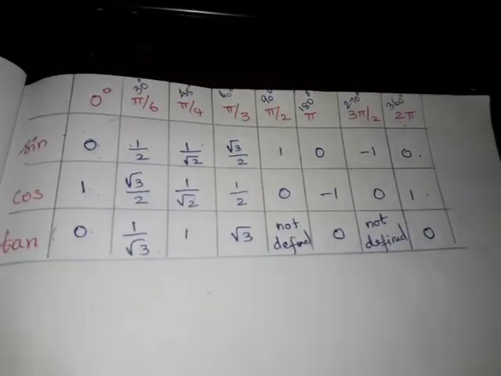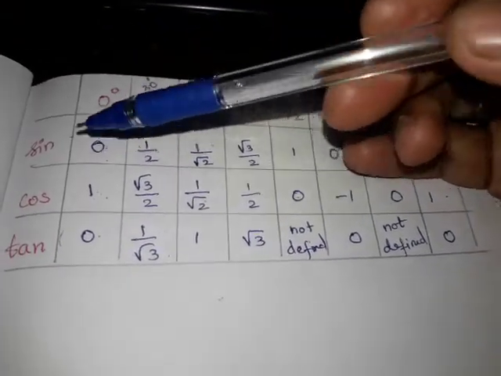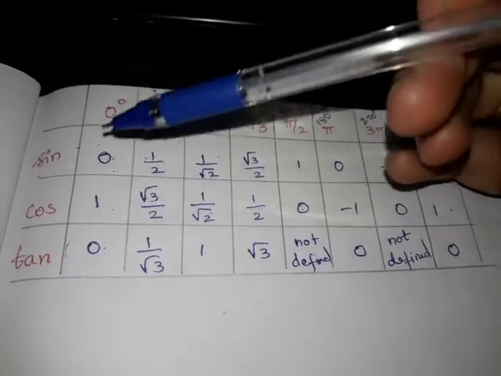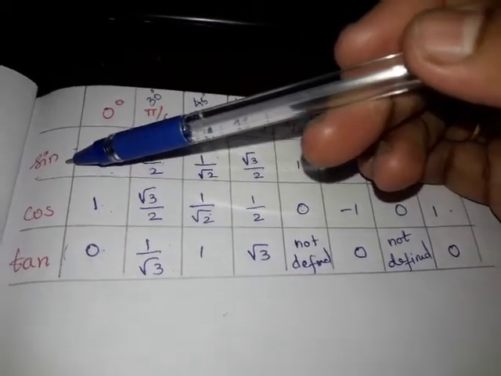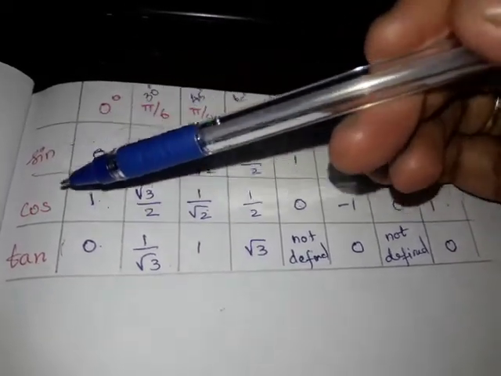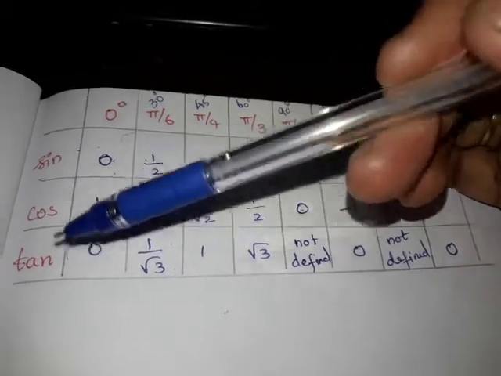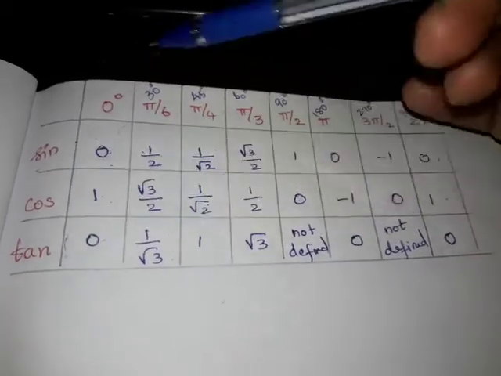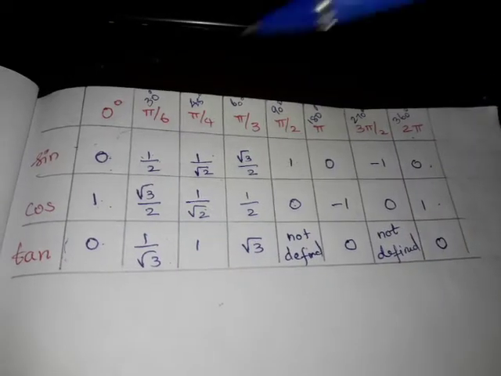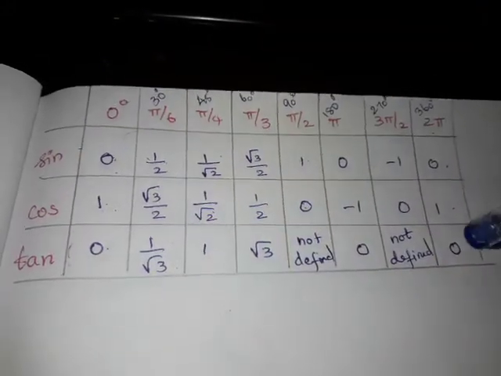So using these values we can very well write the values of cosec and secant, because we know cosec function is nothing but the reciprocal of sine, secant is the reciprocal of cos, and cot is the reciprocal of tan. So for all these angles we can very well write cosec, secant and cot values, right? So it is enough if you remember this entire table.